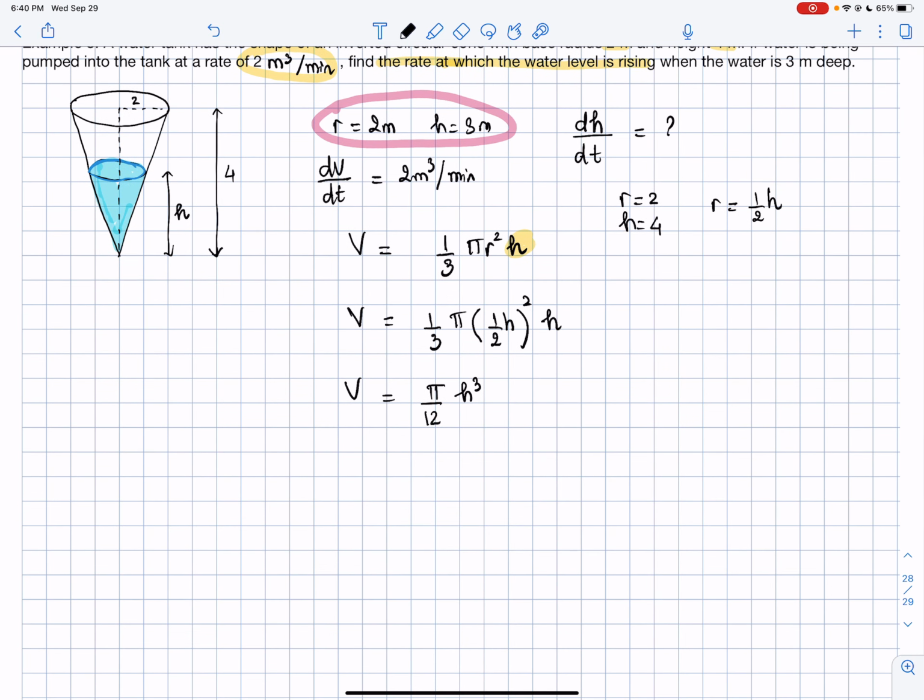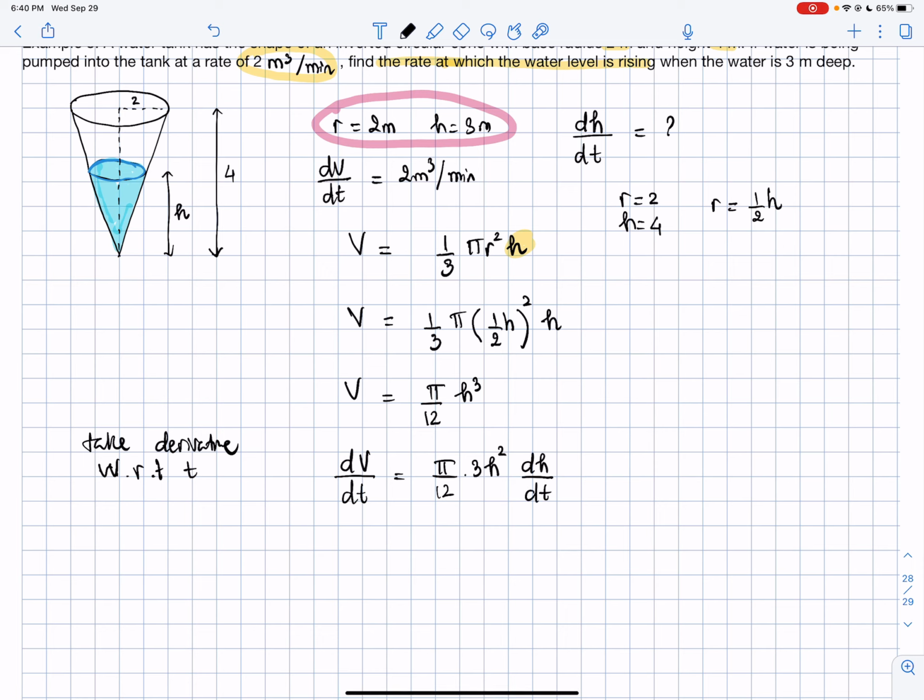Now we want to take the derivative, the first derivative with respect to the time t for both sides. So we get dV over dt equals pi over 12. We will use the chain rule. So we will have 3 moved out, h squared, and dh over dt.